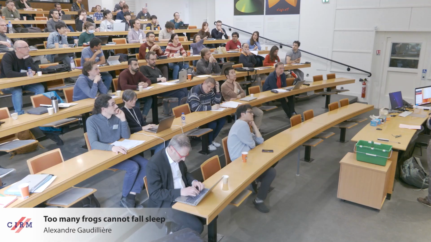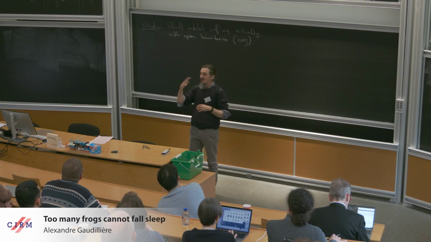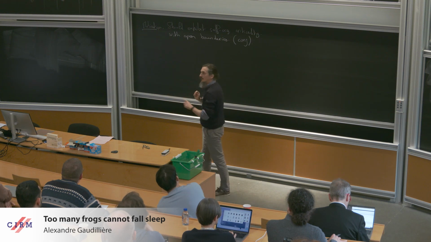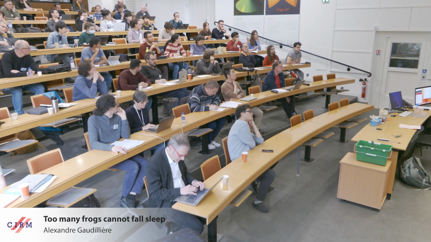Mu c depends on lambda. This is a mu c of lambda. But what I said is expected to be true for each value of lambda, and also independently of how the frogs come in.